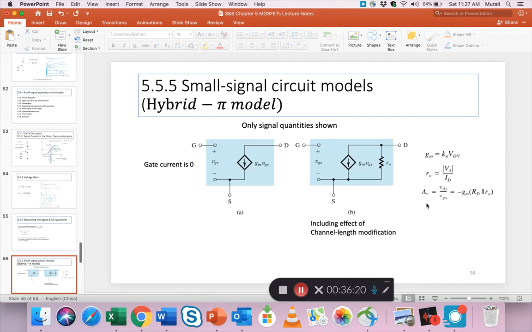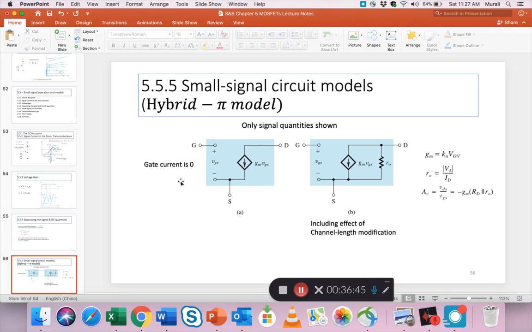Okay, so we'll move to slide 56, where we are introduced to the small signal circuit models. You've seen this before, the idea of a circuit model, so I won't repeat it too much here, but we have the same pi model. They call it the hybrid pi for some reason, but you recognize it looks like an inverted pi.